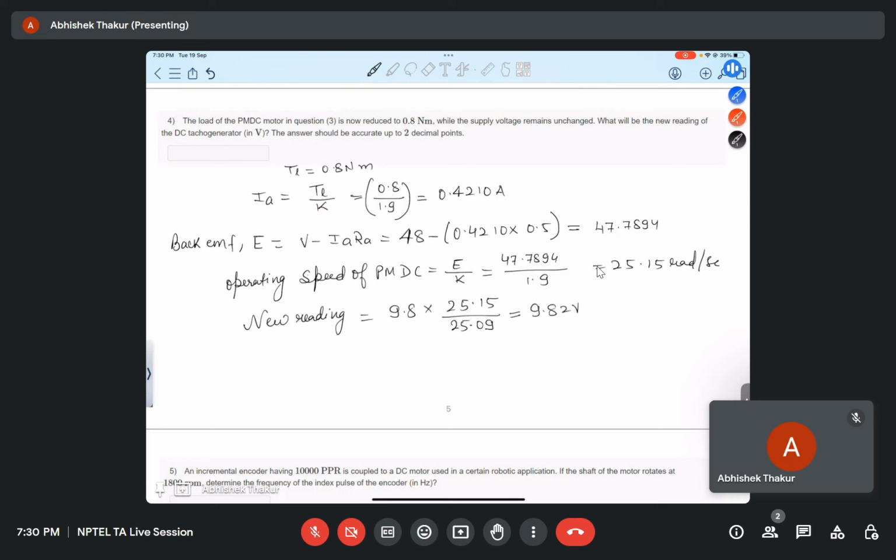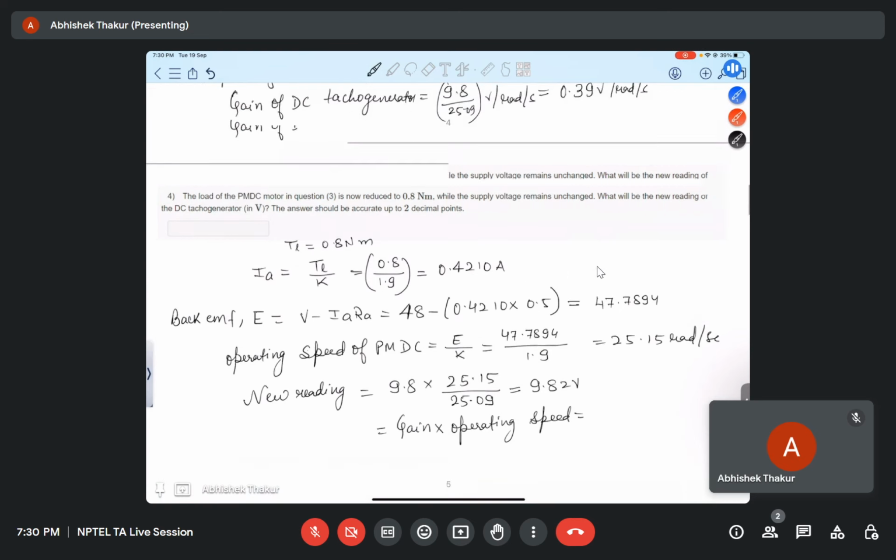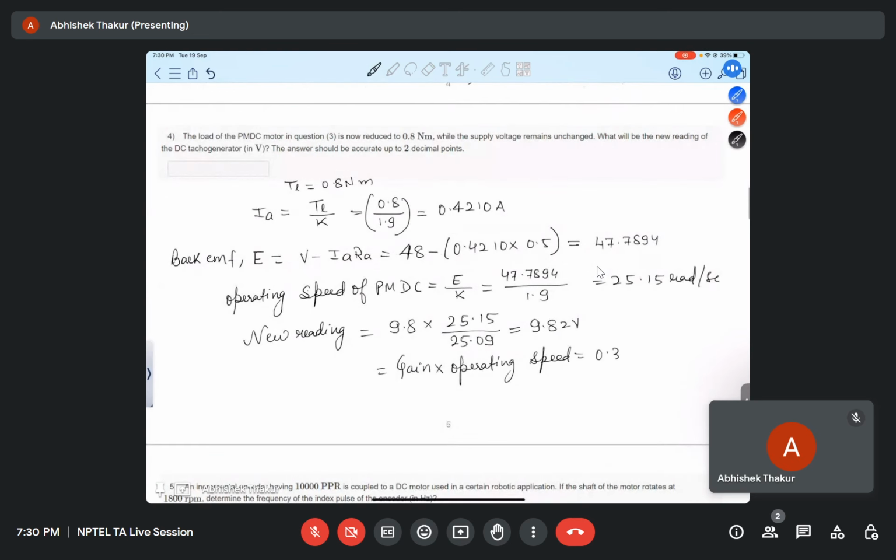Actually, the gain of the DC tacho generator is 0.39 volt per radian per second, so this is also equal to gain into operating speed. Last time we got the gain as 0.39, so simply we can multiply like this also. The final answer will be 9.82 volt. Okay.